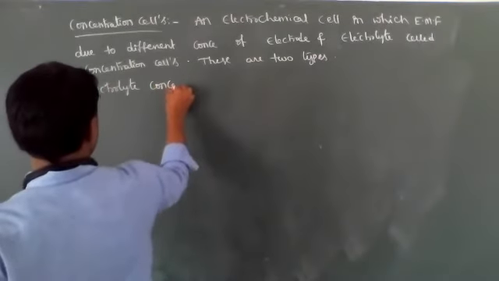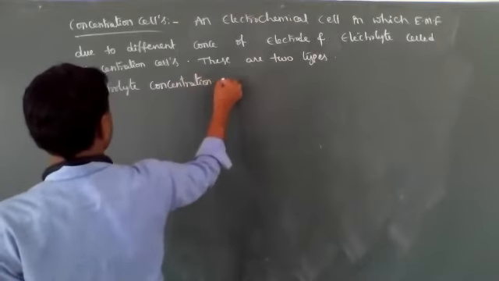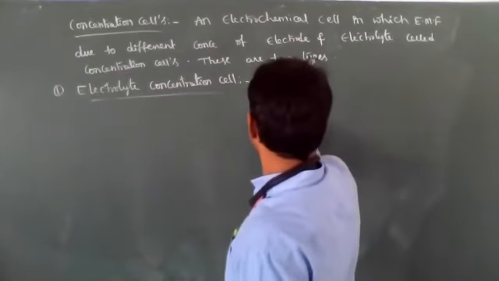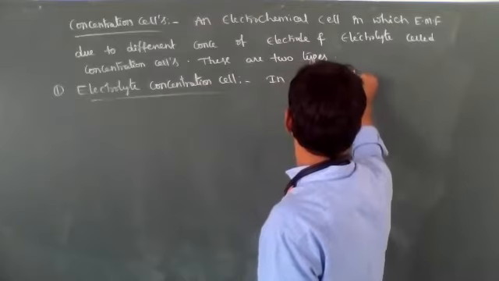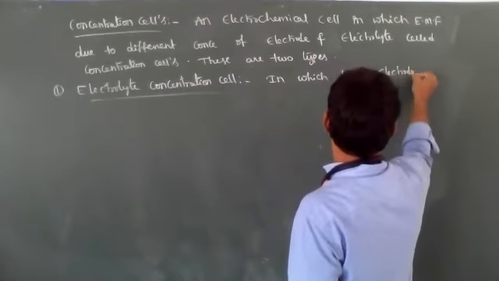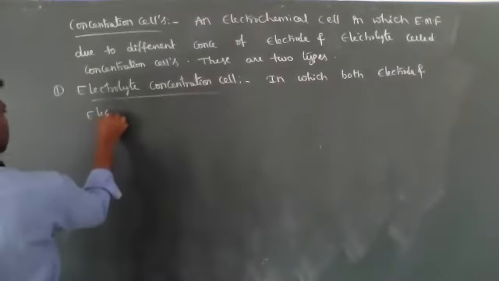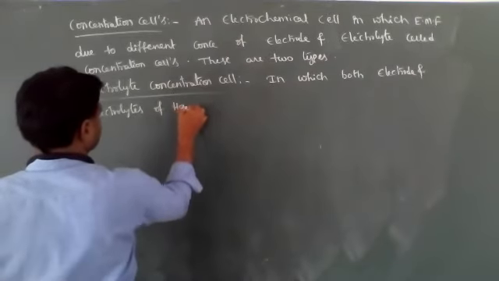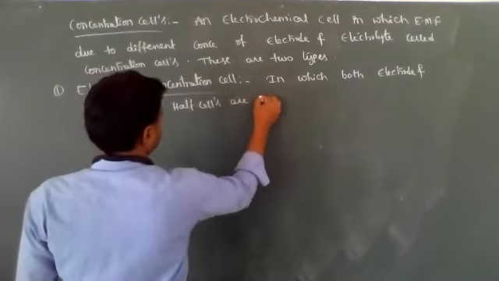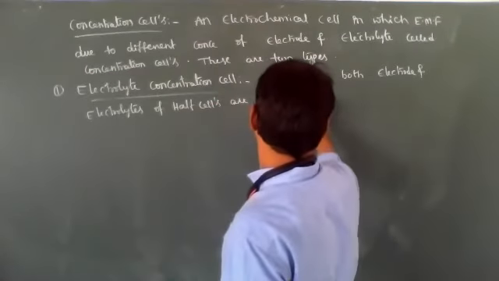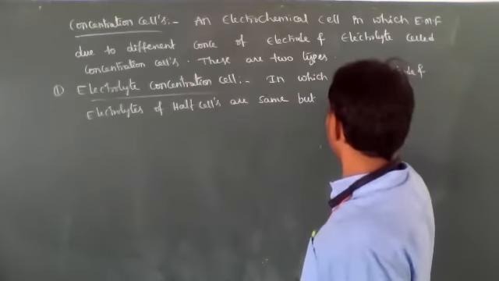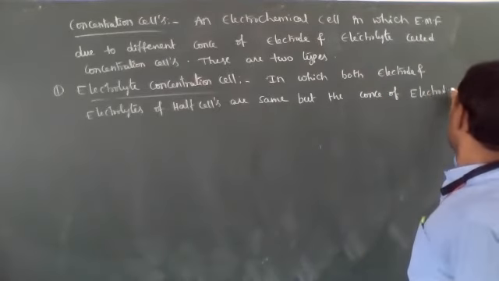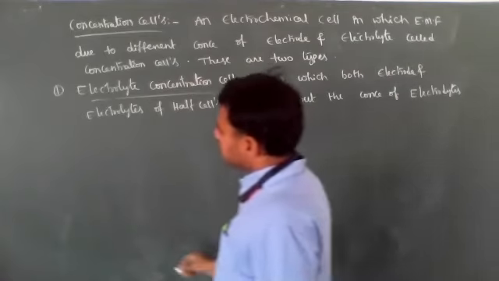Electrolyte concentration cells are those in which the electrodes of both half cells are the same, but the concentrations of the electrolytes are different.